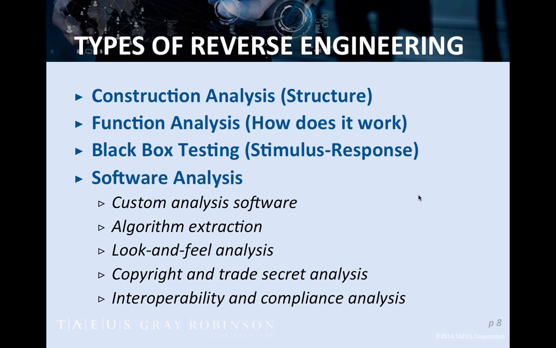We may do a function analysis on how it works, and that generally involves looking at a very narrow subroutine and/or extraction of a particular algorithm or formula from the code to identify whether it's performing a particular function.